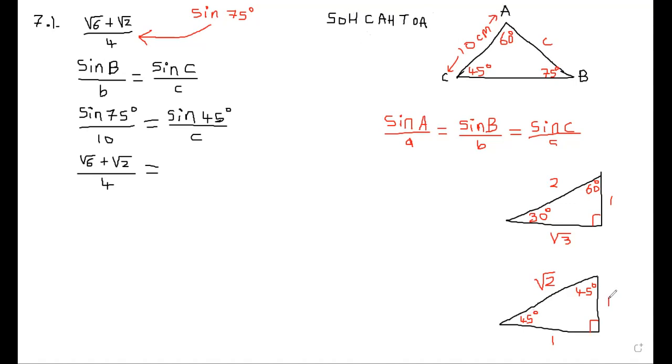So sine of 45 is 1 over root 2, and after rationalizing the denominator, we have root 2 over 2, all over c.